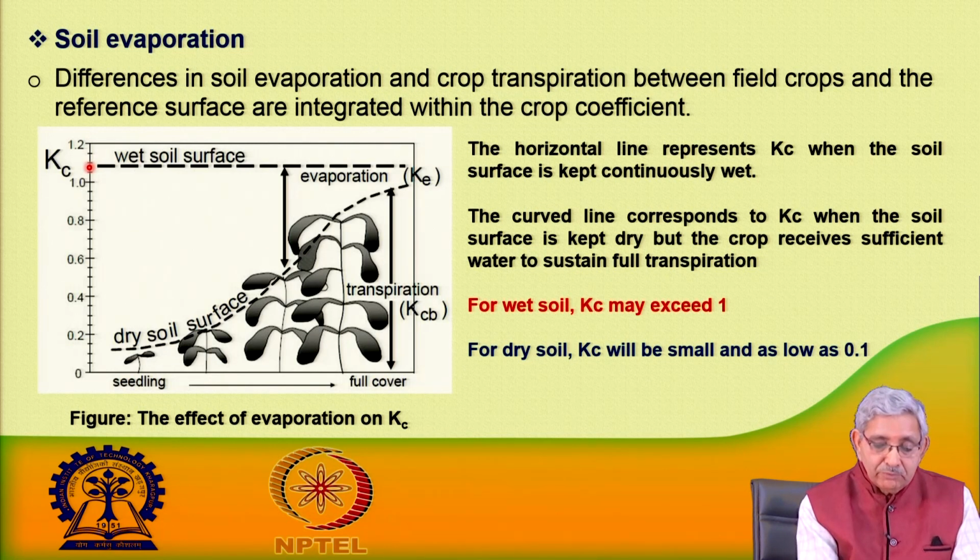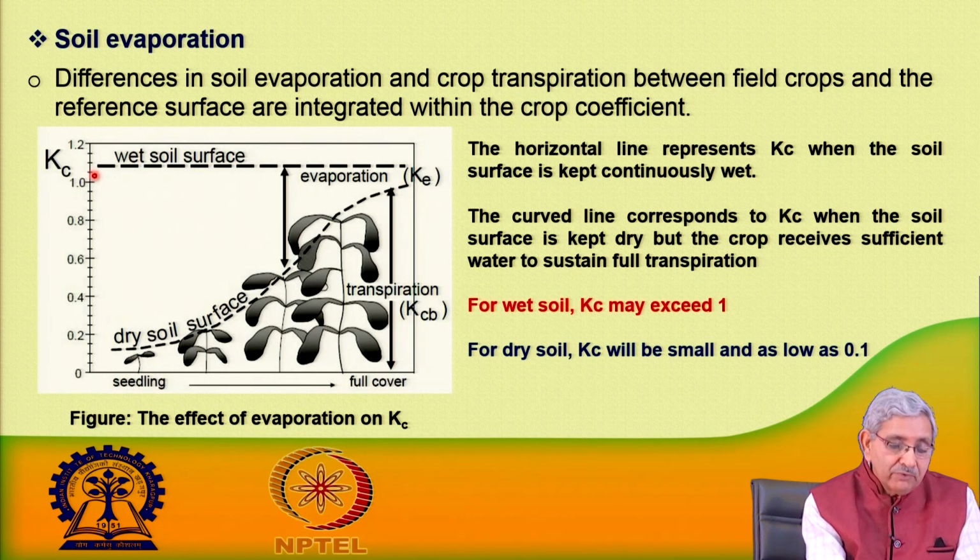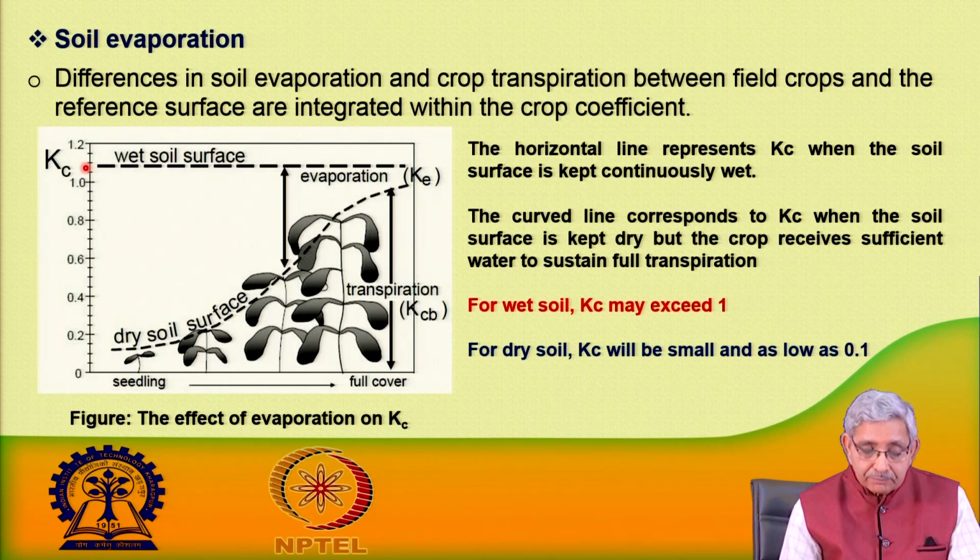and when we are maintaining wet condition, then the crop coefficient value is more than 1. So, for wet soil condition, the Kc value may exceed 1, and for dry soil condition, Kc is small, as low as 0.1.